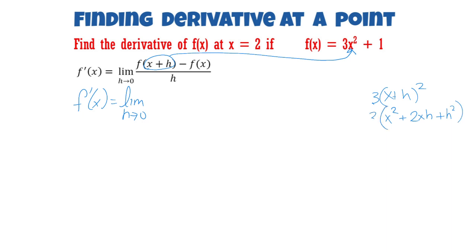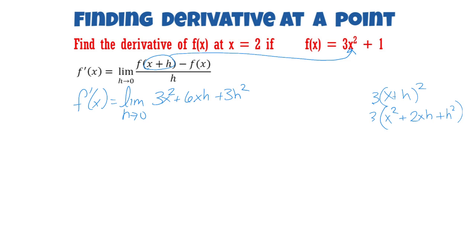But now you're going to take all of those times 3. Now, again, I would like you to be able to do the squaring and the times 3 all in one shot. So if you've been using this shortcut forever, this is going to be easy peasy. If not, we need to be getting you able to do that mental math so that we can be doing more complicated problems. So what I'm going to end up with is a 3x squared plus a 6xh plus a 3h squared.